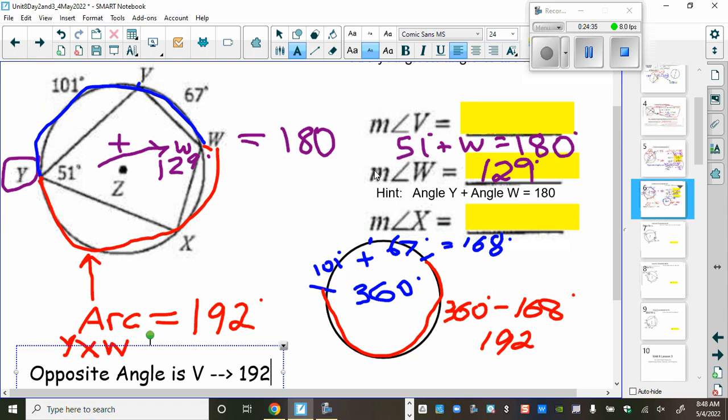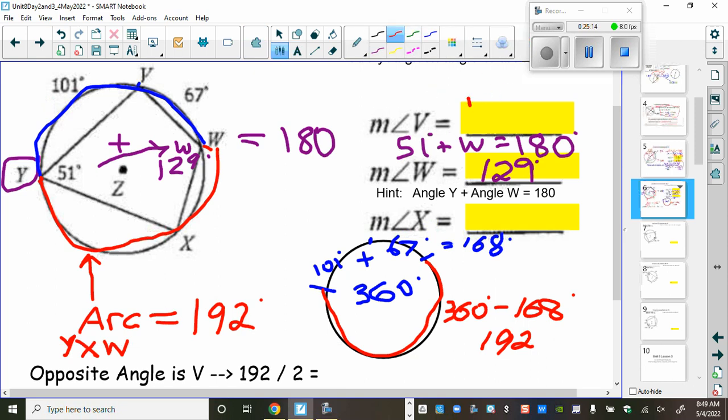So if angle V is not at the center, and angle V is formed by this opposite arc here, the arc's 192, do we keep the 192 or do we divide it by 2? V's not at the center. So if your angle's not at the center, you have to divide by 2. So now we divide 192 by 2.